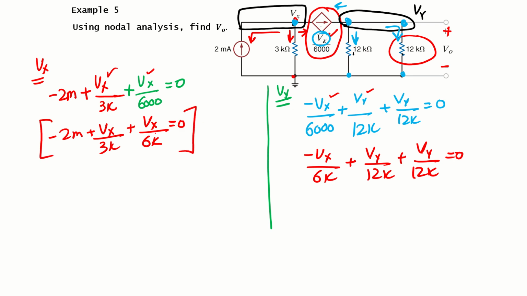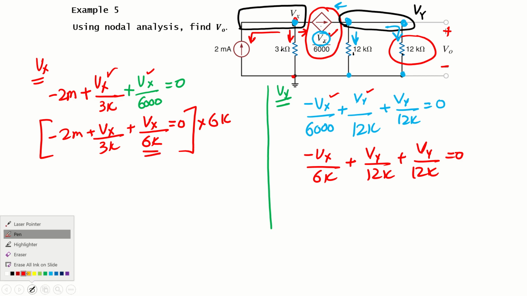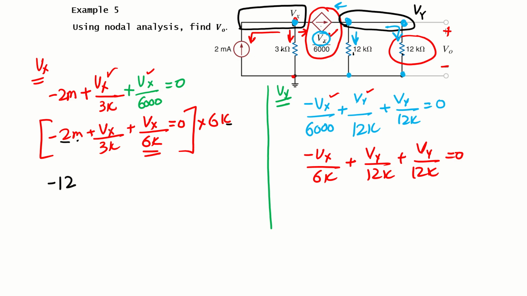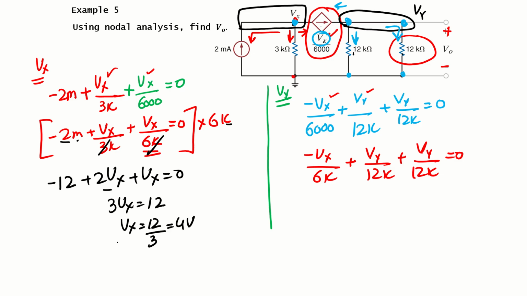So that I can simplify. Now I can multiply by 6k, the common multiple of the denominators. So 6k times 2 milliampere gives minus 12, milli and kilo cancel. Then for Vx, 6k divided by 3k is 2, so plus 2Vx, then 6k cancels, plus Vx equals 0. So 2Vx and Vx give 3Vx equals 12. The value of Vx comes out to be 12 divided by 3, which is 4 volt.